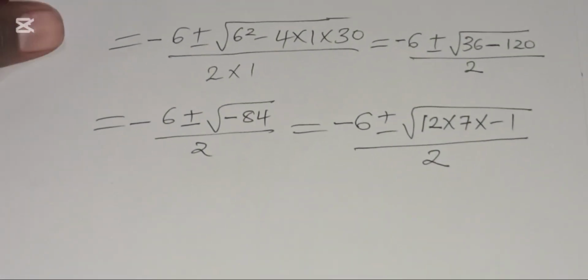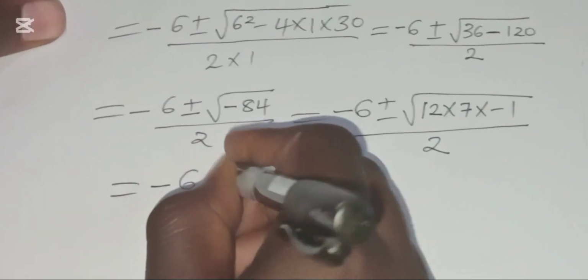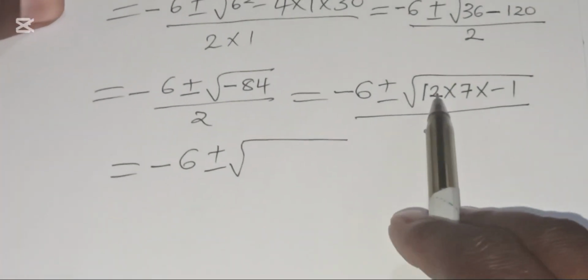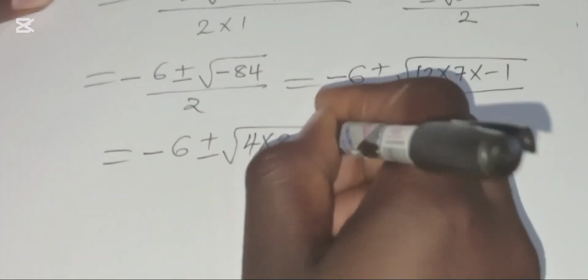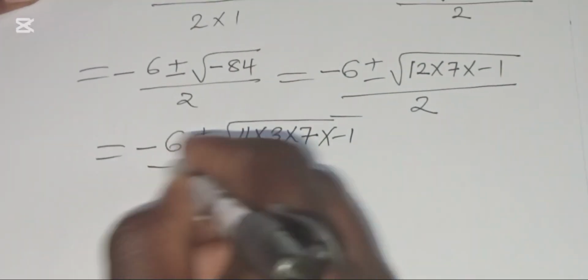All right, now again from here we can express this as negative 6 plus or minus the square root of, we can express further 12 as 4 multiplied by 3 multiplied by 7 multiplied by negative 1.